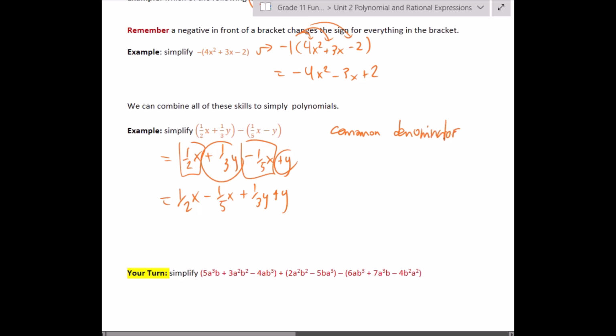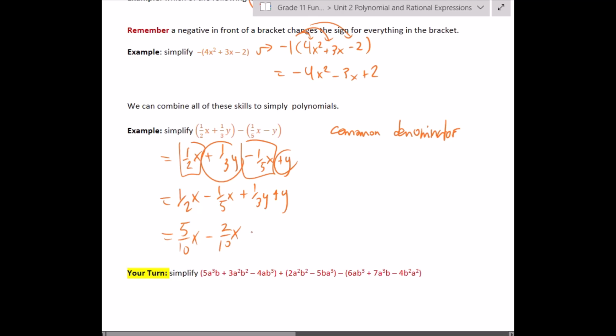So find common denominators, so find the least common multiple of the denominators. In this case, 1/2 and 1/5. The common denominator is 10. So 1/2 x will turn into 5 over 10x, and minus 1 over 5 is going to become 2 over 10x.